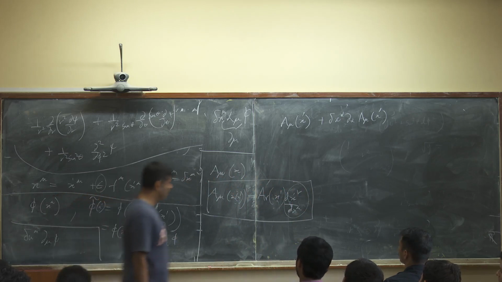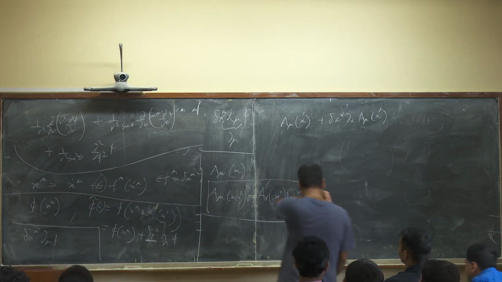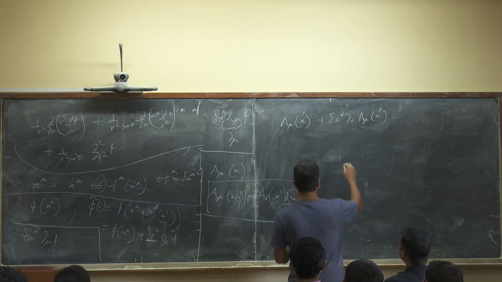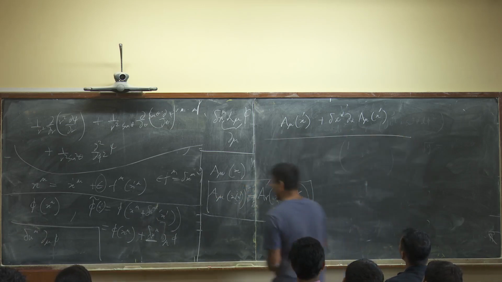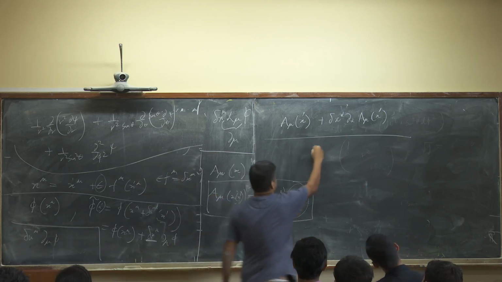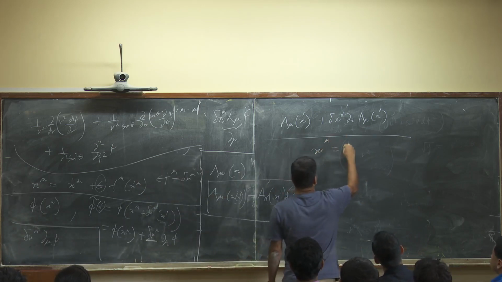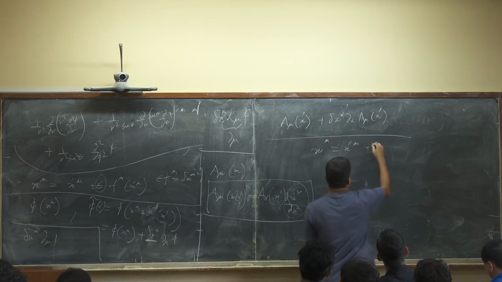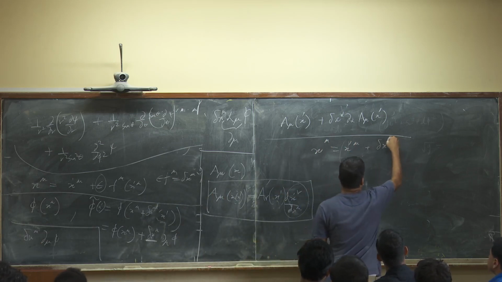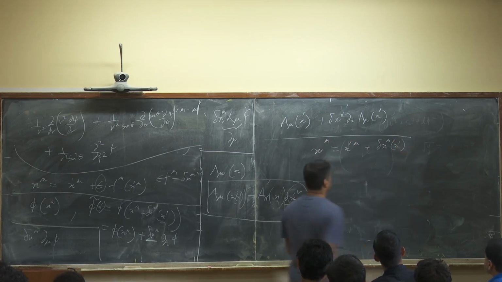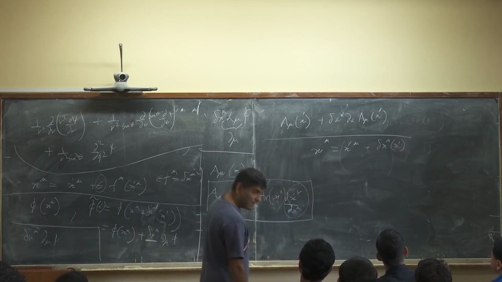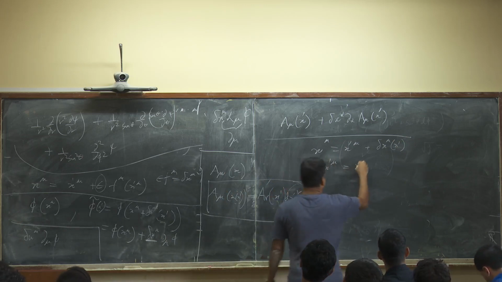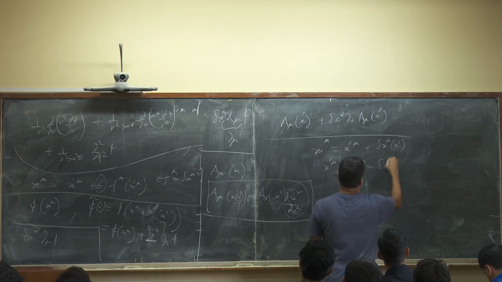Okay, now fine, let's work it out. Everything's very easy because it's first order. You see, we had x mu equal to x prime mu plus delta x mu of x prime. However, to first order, that is the same thing as x prime mu is equal to x mu minus delta x mu of x.